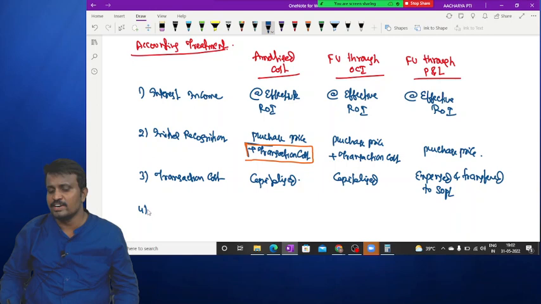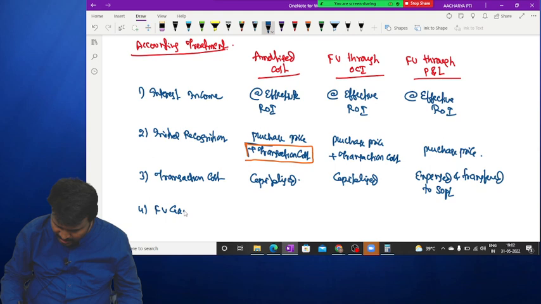Next, fair value gain or fair value loss. First of all, fair value gain and fair value loss are not applied in the first method, and we do not consider them, because we have to calculate the carrying amount based on amortized cost. Every year some portion of the asset is amortized by transferring to the P&L.